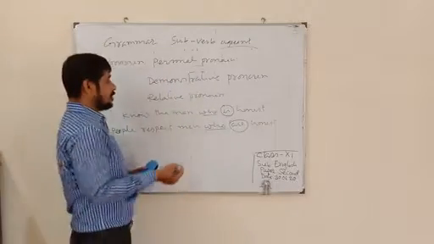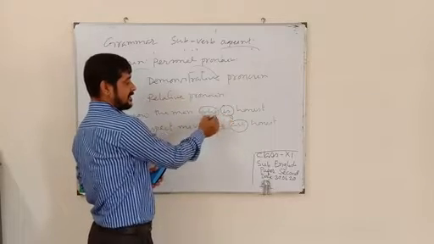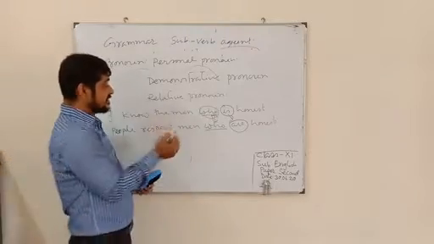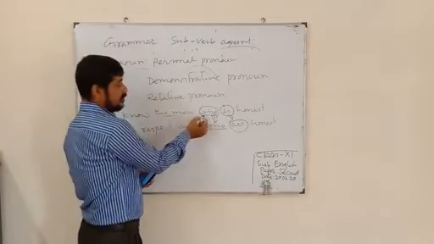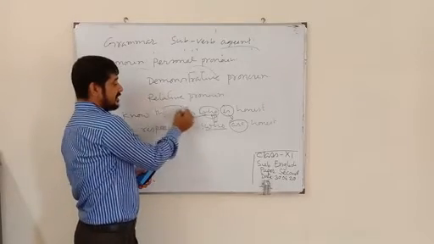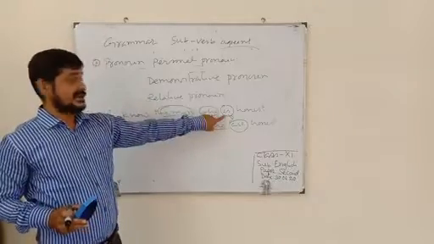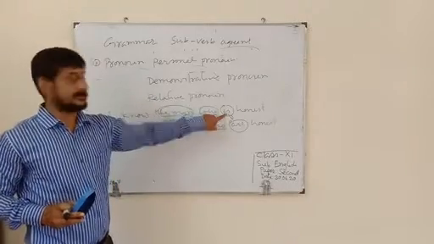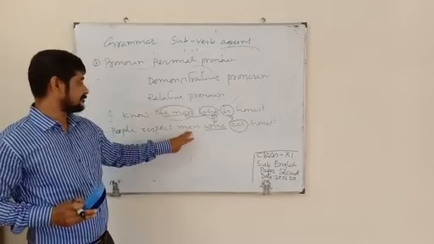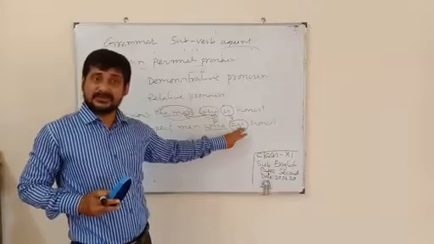Why? Because if we want to use a verb after such a relative pronoun, we have to see the noun before the relative pronoun. Here the noun is singular, so your verb is singular. In the other sentence, the noun is plural, so your auxiliary verb is plural.